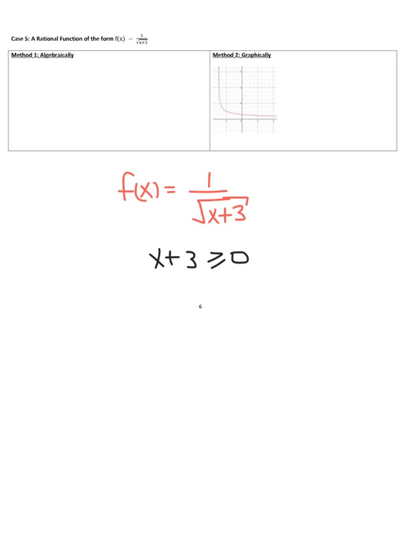What does that mean? It means x has to be greater or equal to -3.